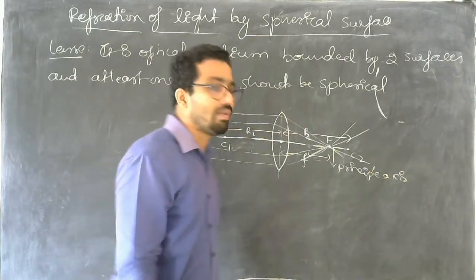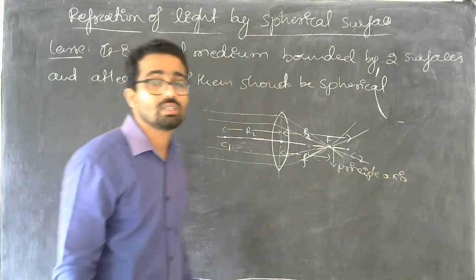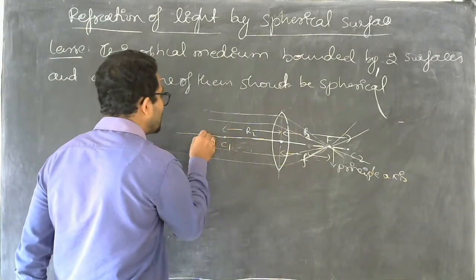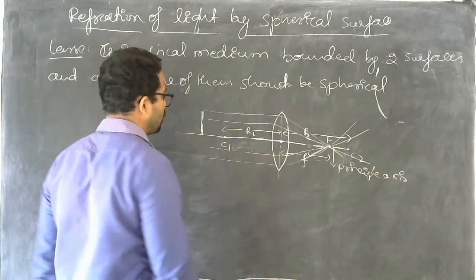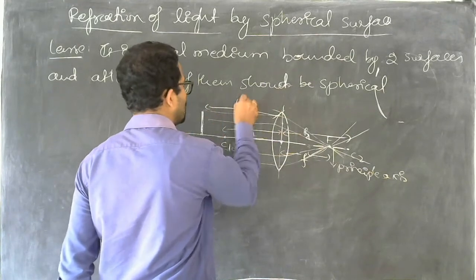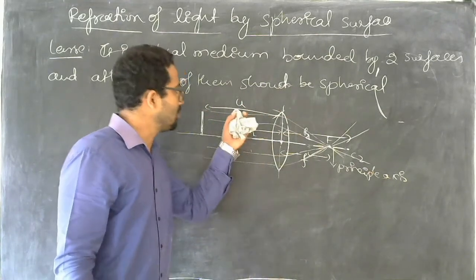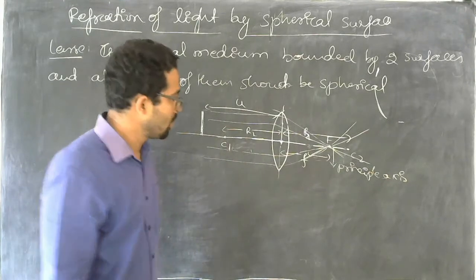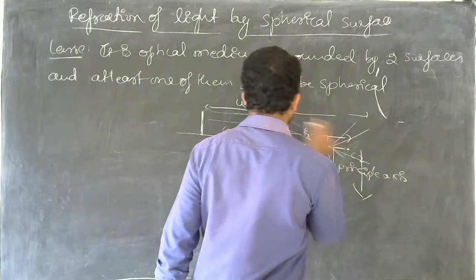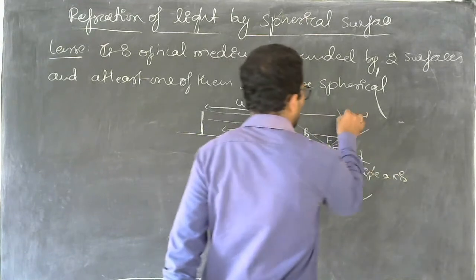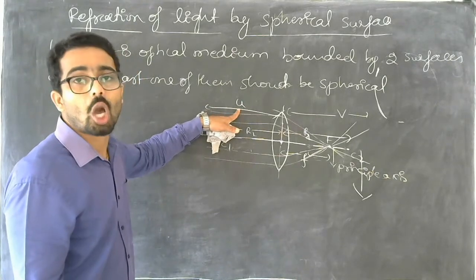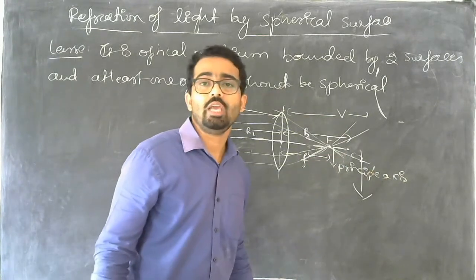Let us see the sign conventions. One more thing: if we place the object here, the distance from this optic center to this object is called the object distance, represented by the letter U. If the image is found over here, then the distance from the image to the optic center of the lens is called the image distance, represented by V. So U means object distance, V means image distance.